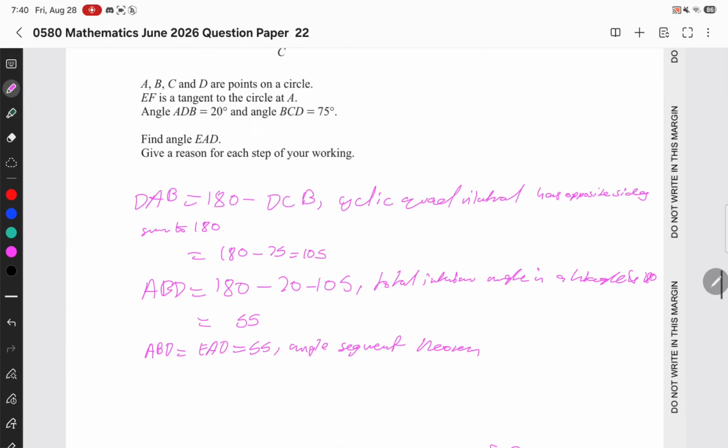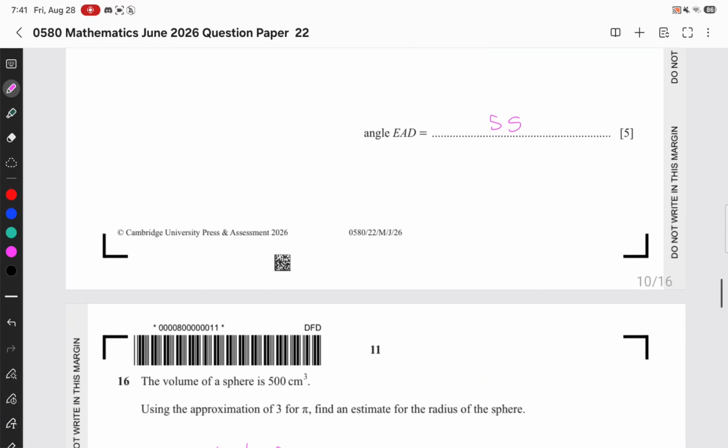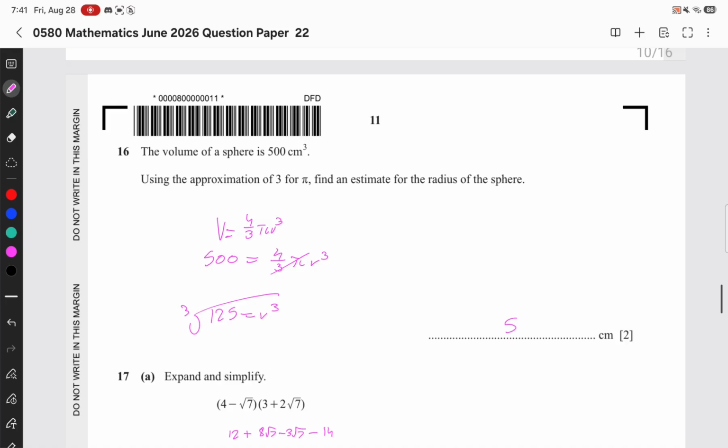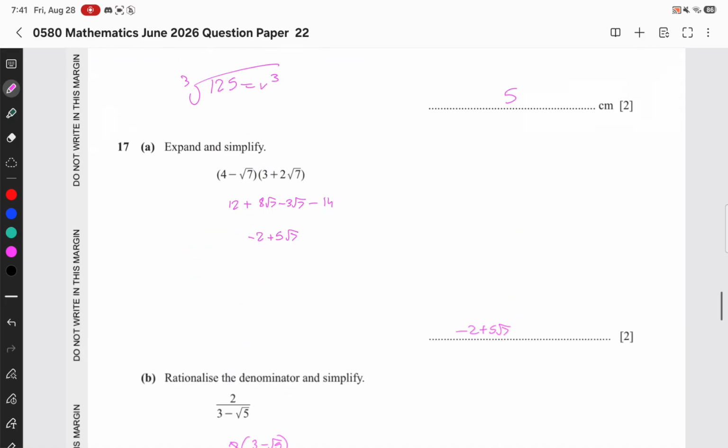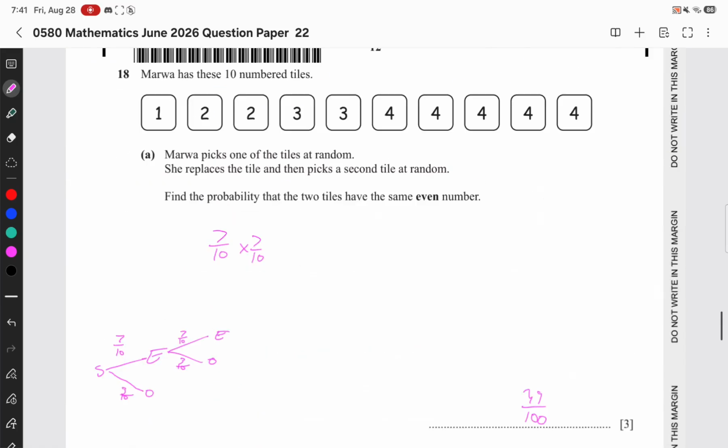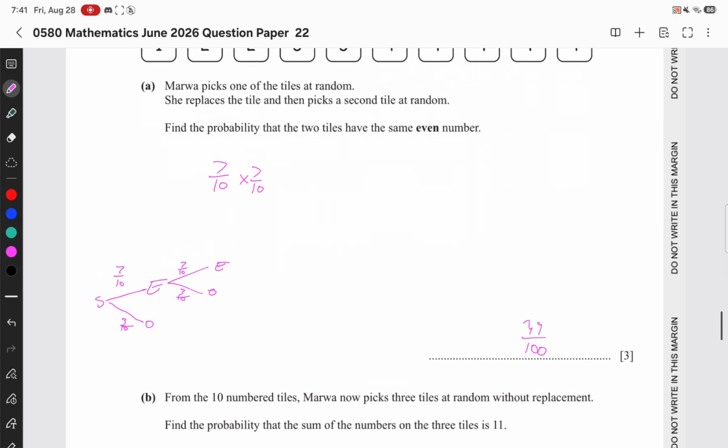A cyclic quadrilateral has opposite angles that sum to 180. Alternate segment theorem, total interior is and EAD is this much, 45. Nice. B2. This answer is 5. And this is wrong.